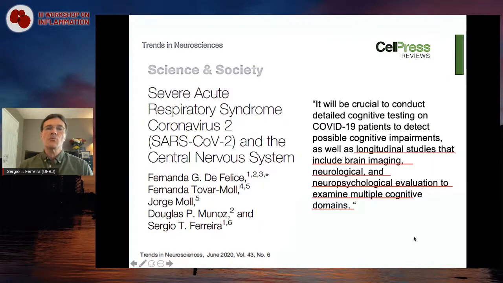And one of the things that we pointed out at that early point in time in the pandemic was that most likely it would be necessary to perform detailed and longitudinal studies, including brain imaging, neurological and neuropsychological evaluation, to really examine multiple cognitive domains and other neurological functions in patients that had and survived COVID-19, and to see how having had the disease might affect their neurological system.